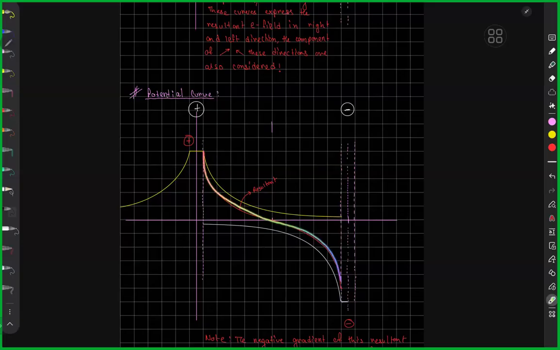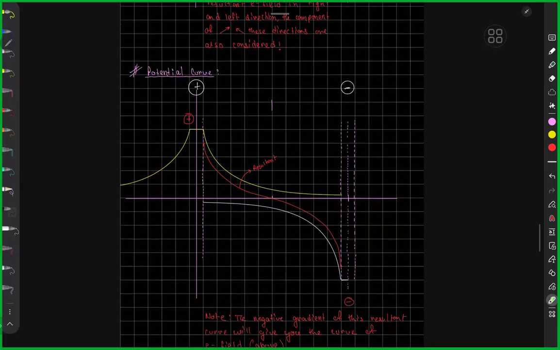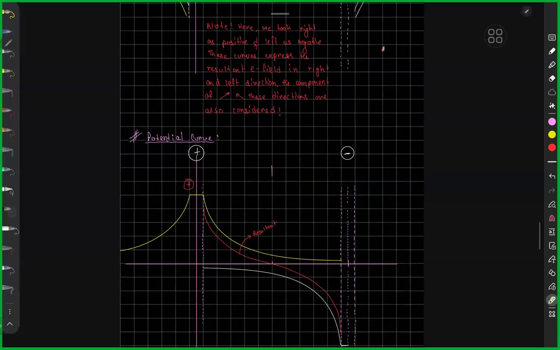Okay. Why this looks like this, we'll understand. But ultimately, one by one, for the positive one, did we not already establish that for a positive conducting sphere, the potential curve looks somewhat like this, right?